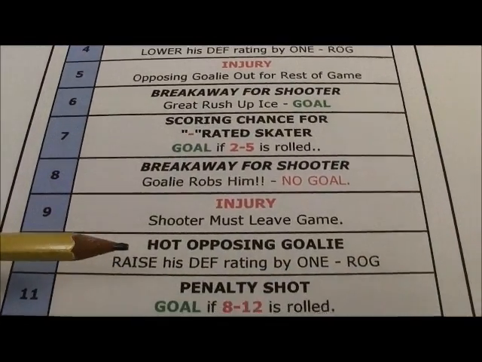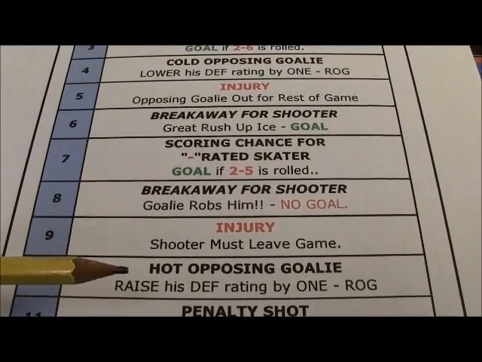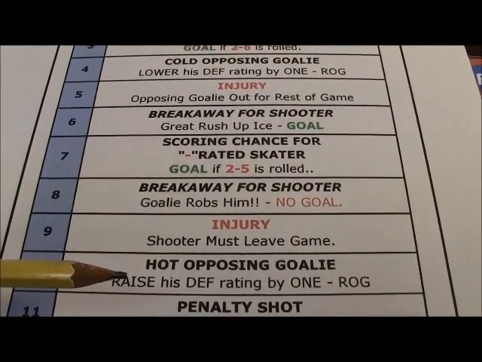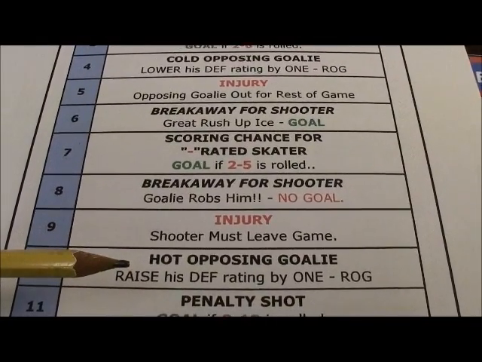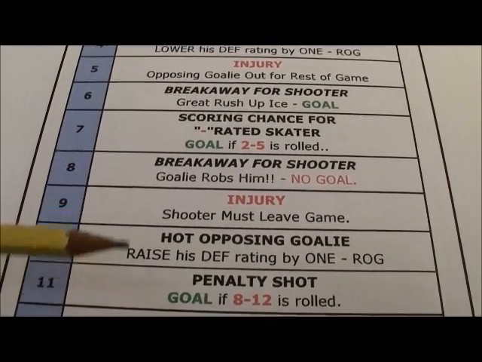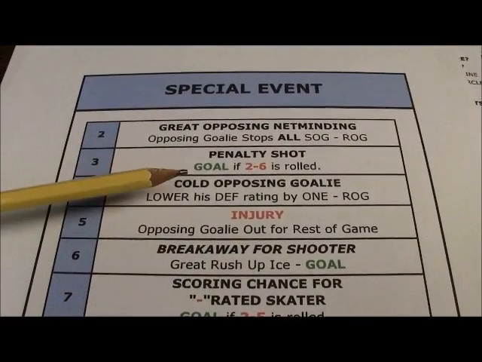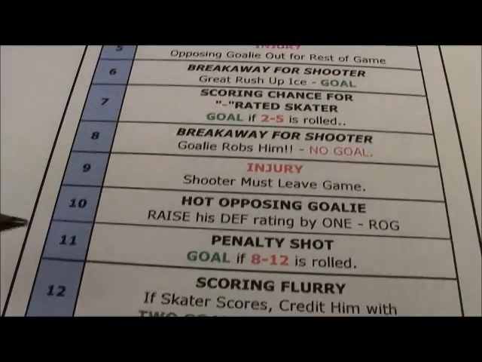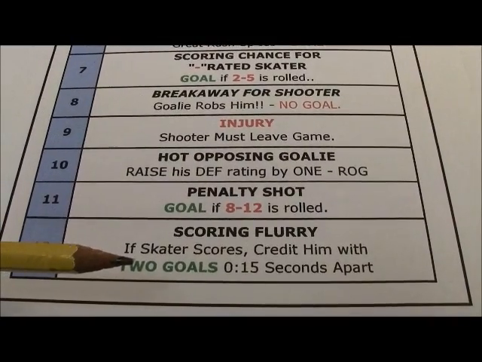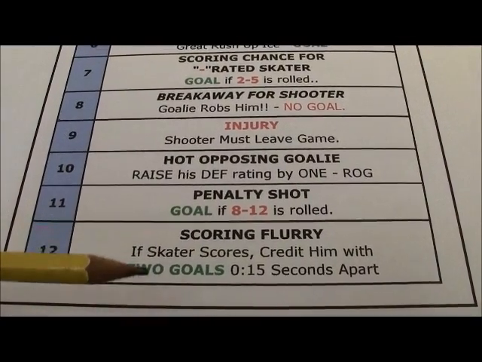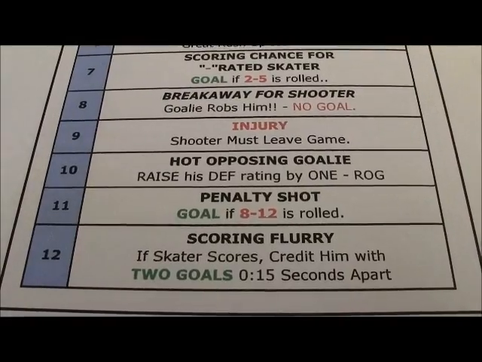Or a goalie could get hot, and you raise his defensive rating by 1, and that will also change the scoring range for the opposing team. A penalty shot can happen on 3 or 11. On 12, if a player scores, he's credited with a second goal 15 seconds later, so they call that a scoring flurry.